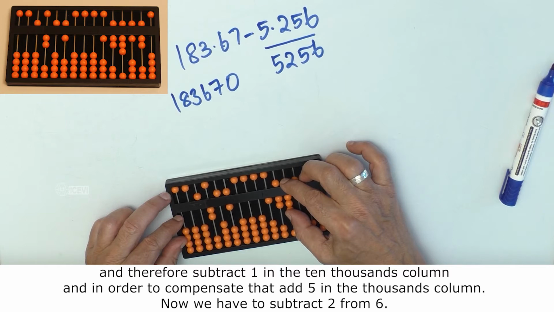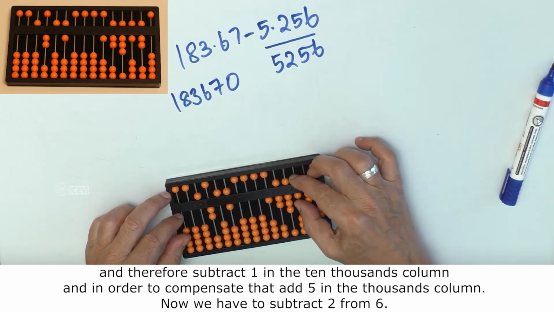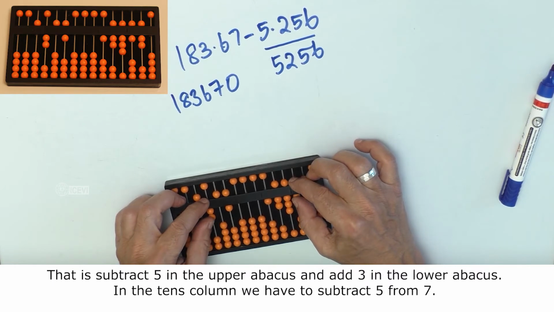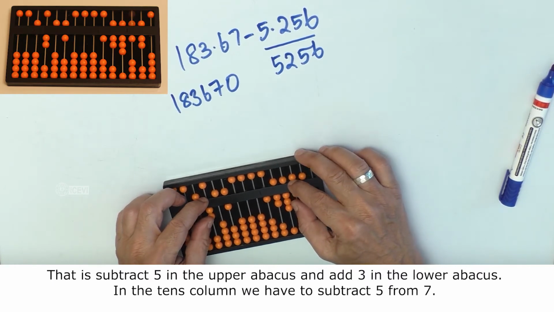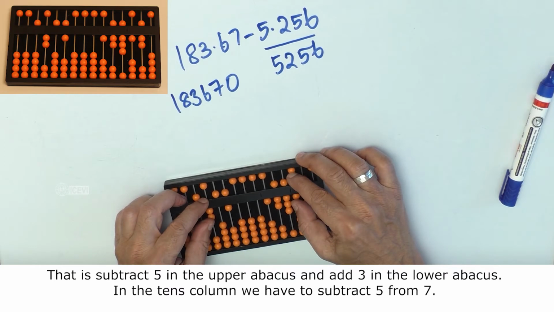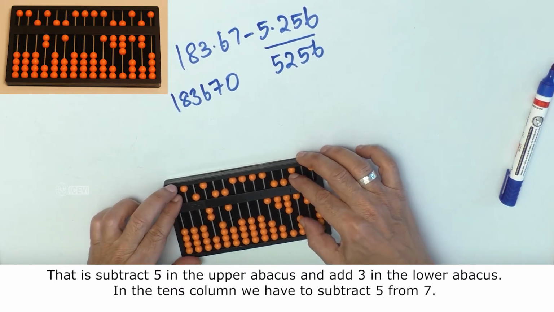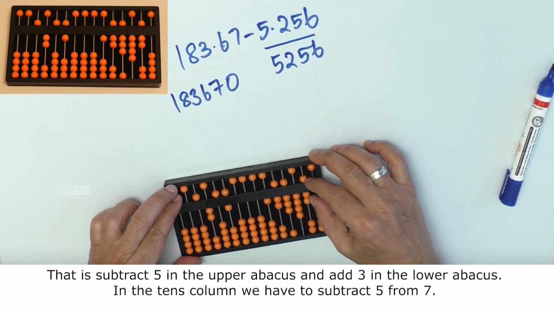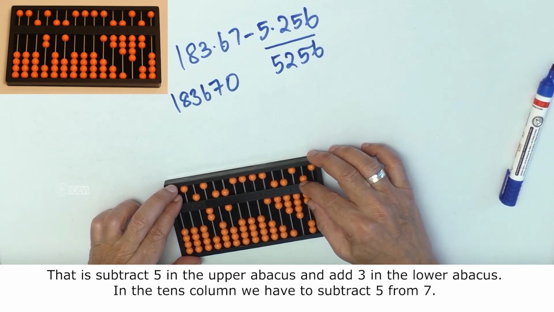Now, we have to subtract 2 from 6. That is, subtract 5 in the upper abacus and add 3 in the lower abacus. In the tens column, we have to subtract 5 from 7.